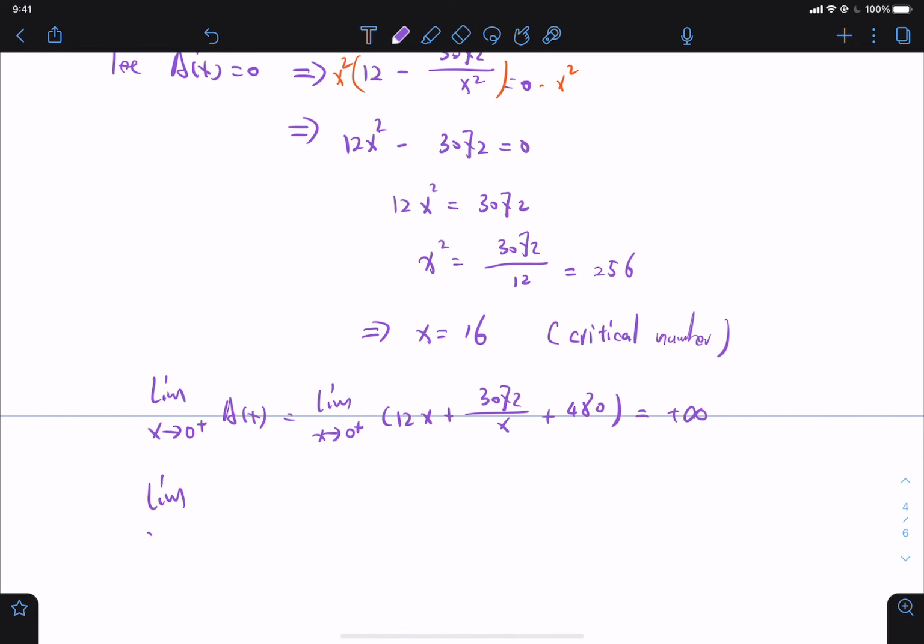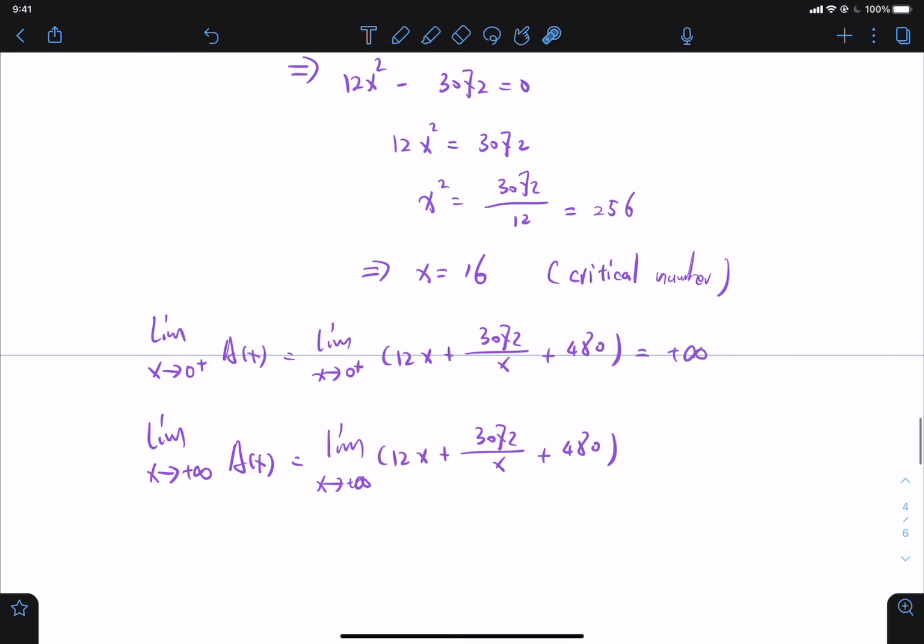For the other end, x approaches positive infinity, A of x is also this expression. In this case, when the denominator gets very large, the fraction becomes very small, so this term is 0. But this term approaches infinity, so overall it is also infinity.